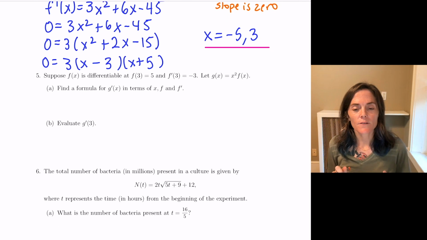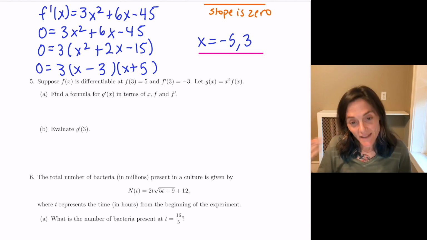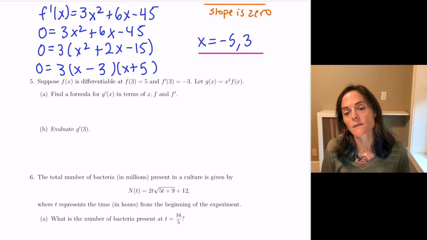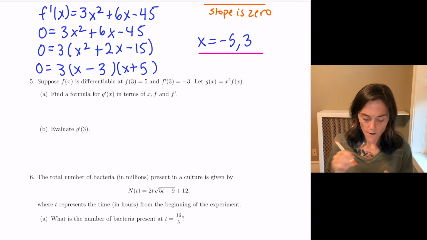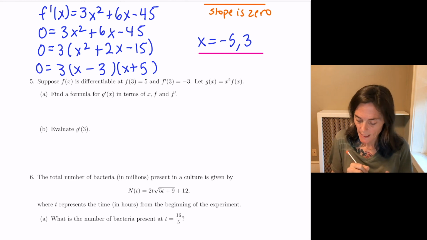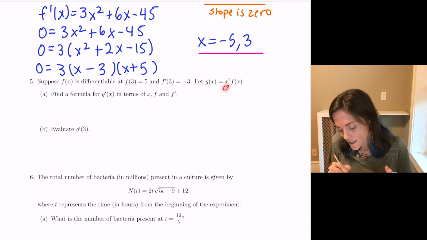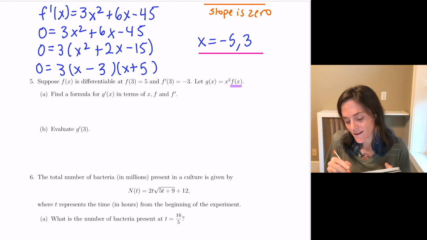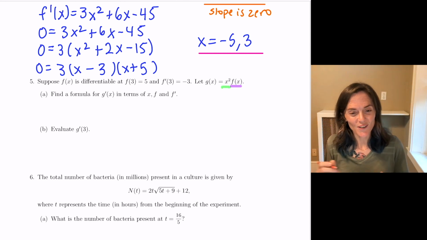Number 5. Oh, okay. f is differentiable. We're given information. f of 3 is 5, f prime of 3 is minus 3, and g of x is x squared, f of x. First, we want to differentiate g. So this is product rule. Okay, we have one function times another. Maybe I will underline one function times another function. Product rule.